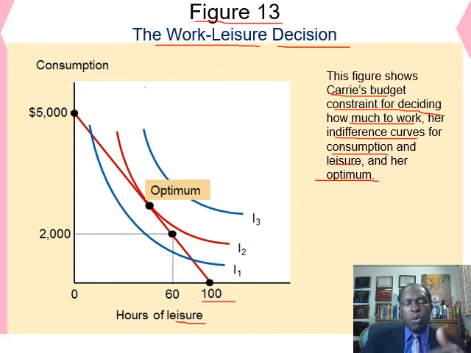If she spends all her time working, she can consume $5,000. You can see that the indifference curves 1, 2, 3 represent the preferences of Kerry.